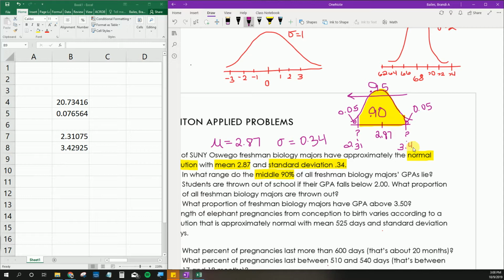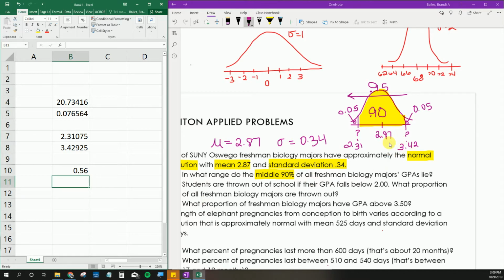This one is a little harder to see because of the symmetry and the more difficult to interpret standard deviation, but these should be the same distance. In other words, 2.87 minus 2.31, with an equal sign in front so it knows I'm doing math, should be essentially the same as the difference between this and this.